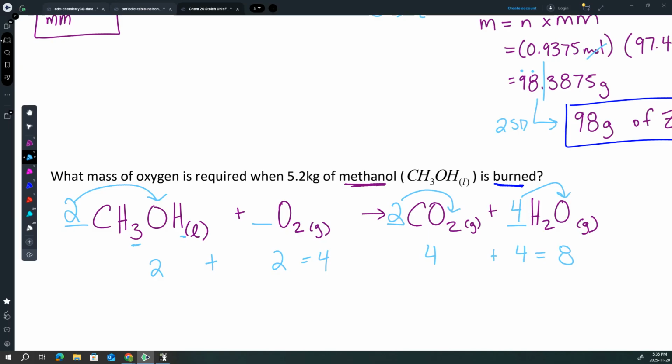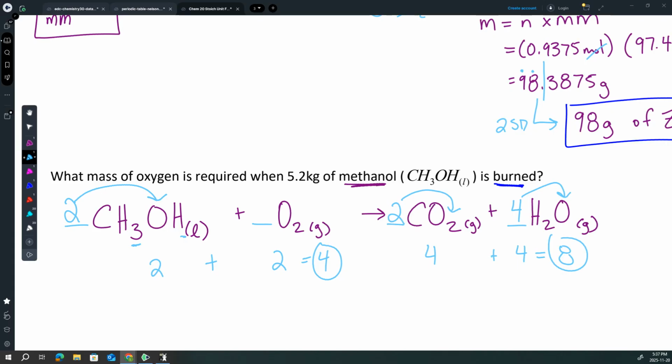So we have 8 coming from the product side. Okay, so 4 versus 8 here. I'm thinking to myself, oh, okay, we just need to have 4 more oxygens on the reactant side.